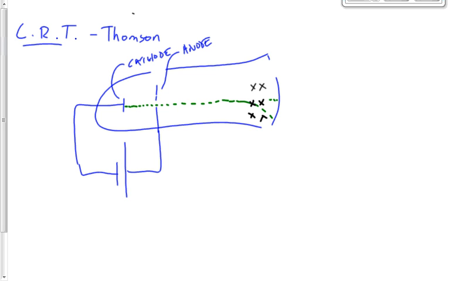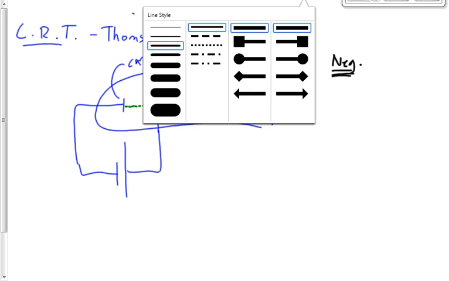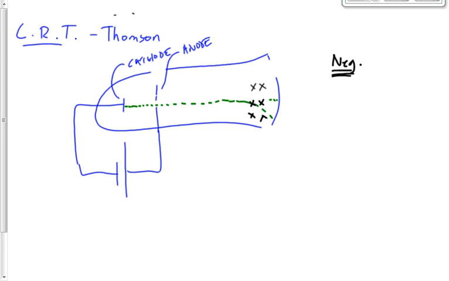Now, we don't know anything about the size of them or the nature of these negatively charged particles other than that they are negatively charged. So now he tries to do this little mathematical analysis that we've done a million times back in our magnetism unit. He says Fc is equal to Fm because they go in a circle.